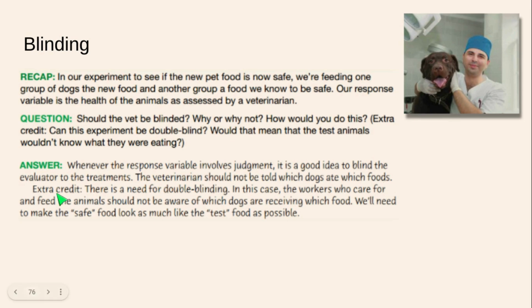And here's the answer to the extra credit. There is a need for double blinding. Interesting. In this case, the workers who care for and feed the animals should not be aware of which dogs are receiving which food. Again, like the people who are evaluating the results, when we can, it's nice to blind the people with boots on the ground.